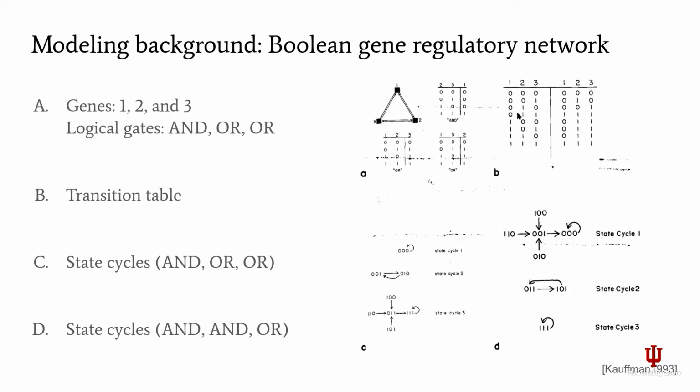From that you can build transition tables, and from the transition tables you can derive the kinetograms and figure out in which attractor they will fall, or how many different subnets you get.